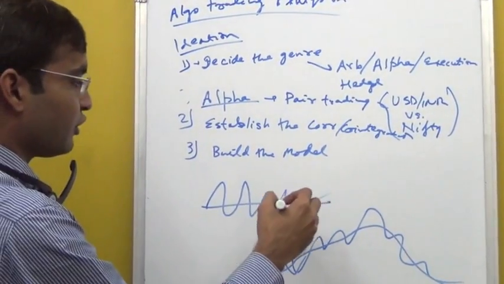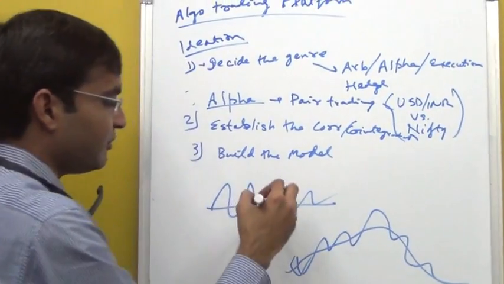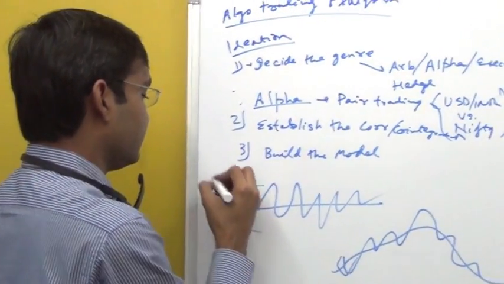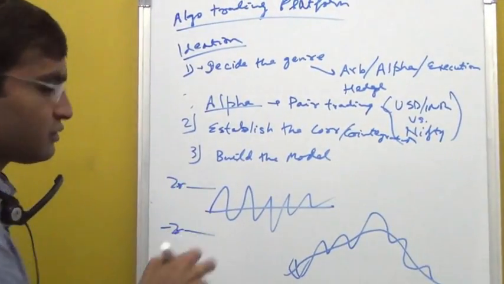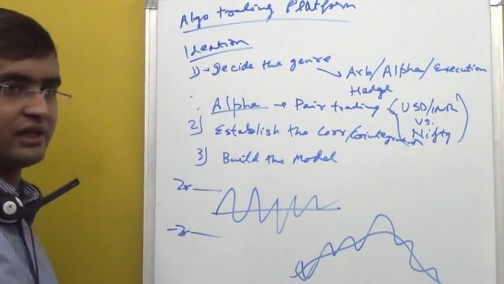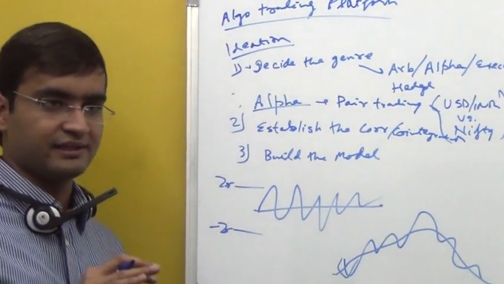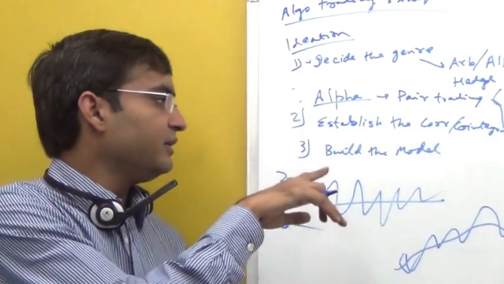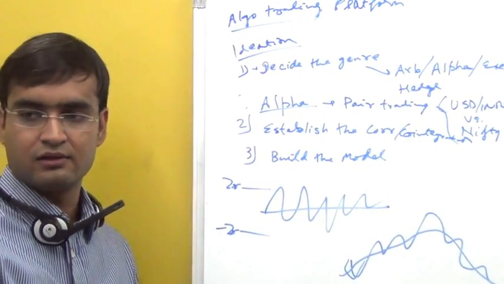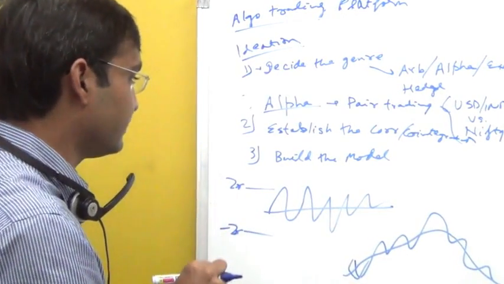So after doing all of that, I'll have something which should be mean reverting. If it is going above, say, 2 sigma, 2 times standard deviation, then I'll probably sell. If it is going minus 2 times standard deviation, I'll buy, something on those lines, right? So that will help me build a model. So I'll get something which is predictable, right? So that is the next step.